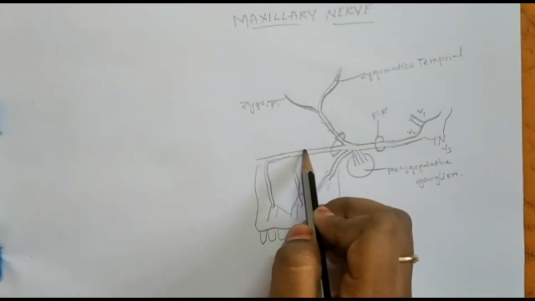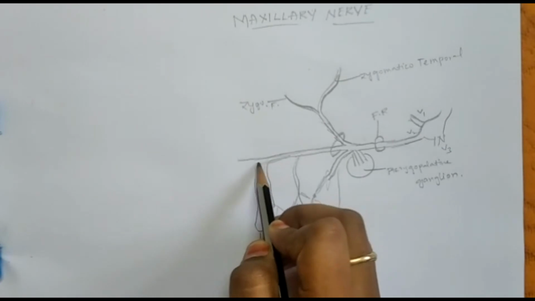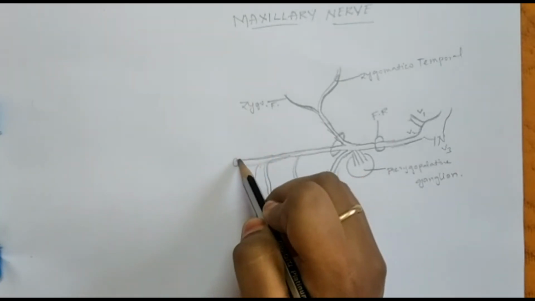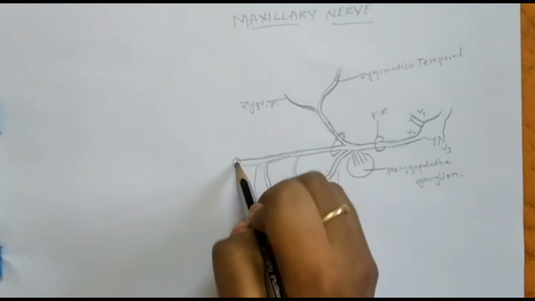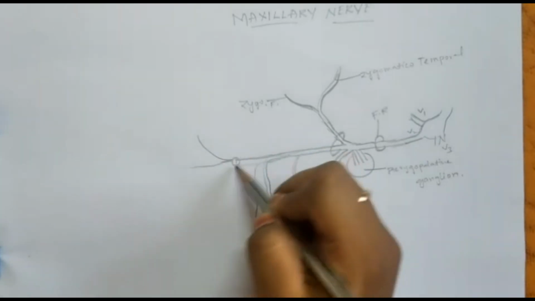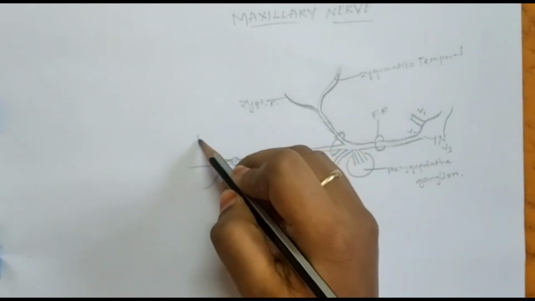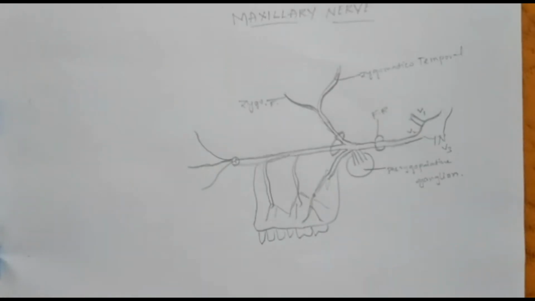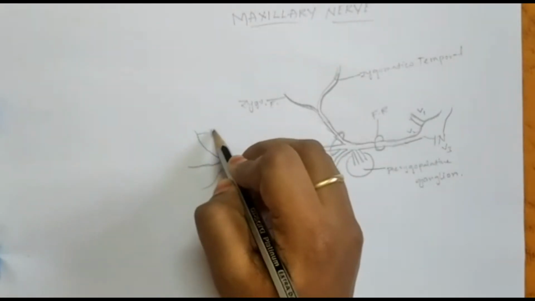Now this infraorbital nerve leaves the orbital groove or canal through the infraorbital foramen. This is the infraorbital foramen, and it exits and gives the nasal, superior labial and palpebral branches. So this is the palpebral branch.